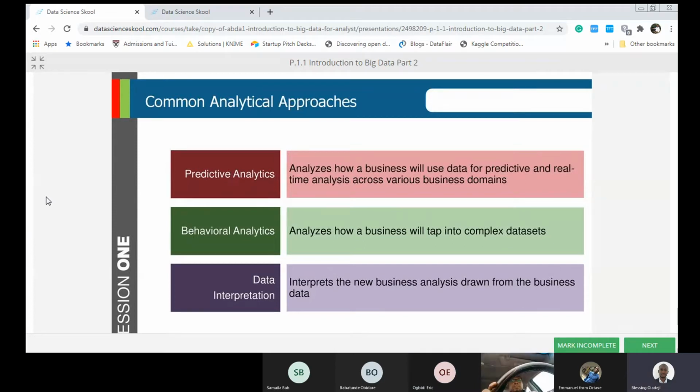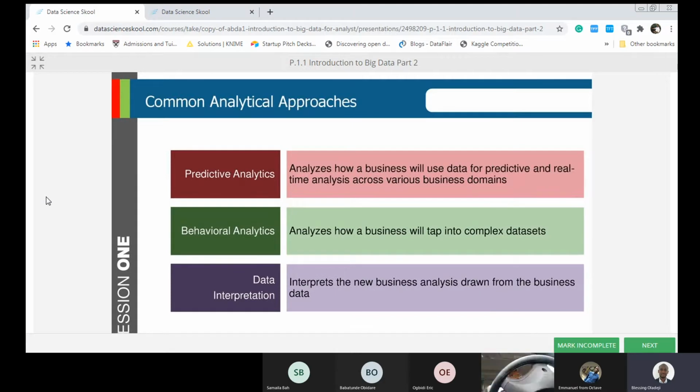So let's move to the approaches to analyzing big data. When you need to analyze big data, what are the common approaches? There are three main ones, though there are different ways people look at it.